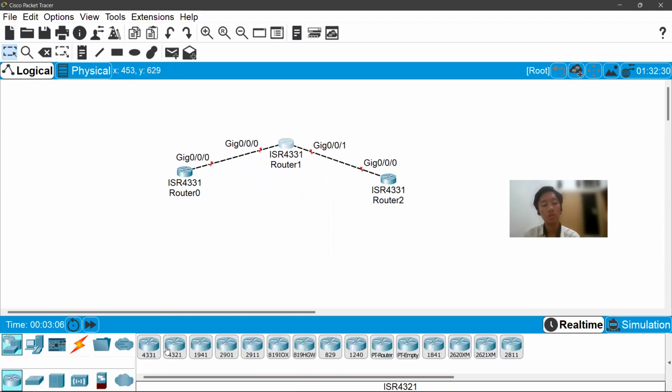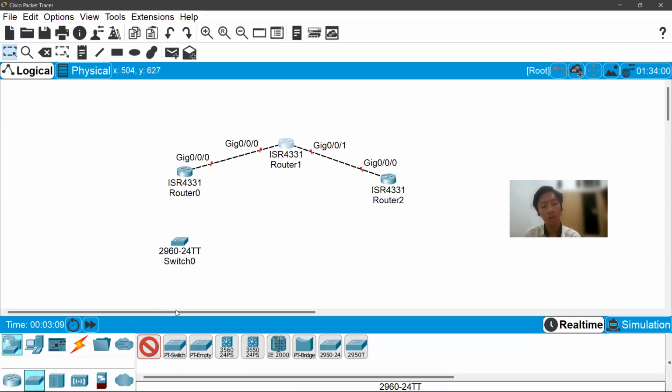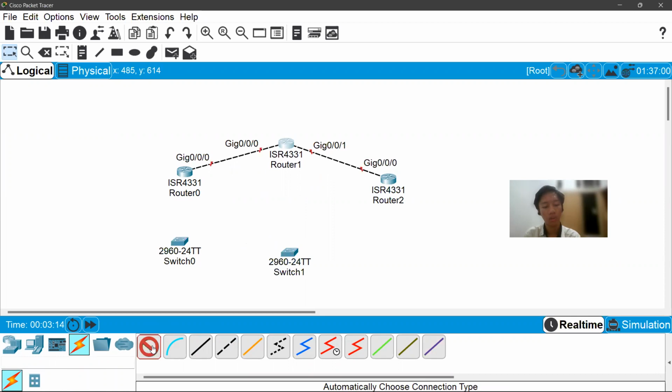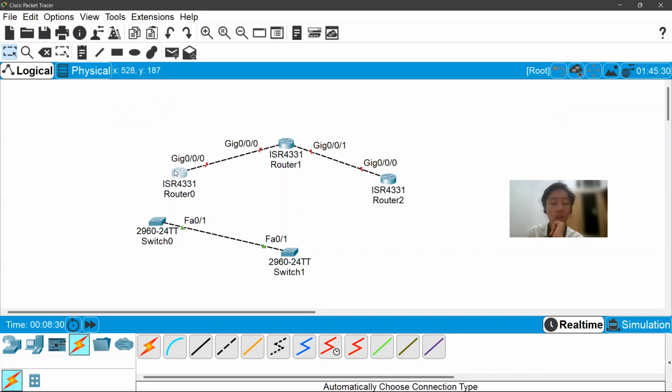If you use a switch, the cable interface is on automatically, but on the router we must turn on the interface manually.